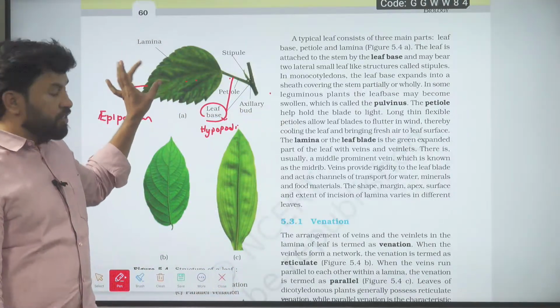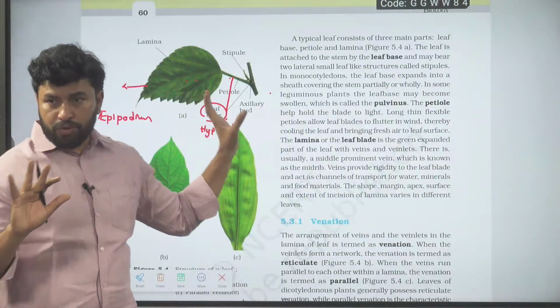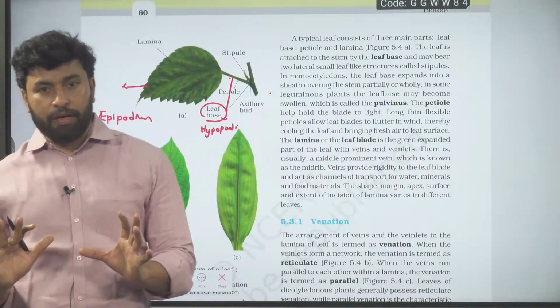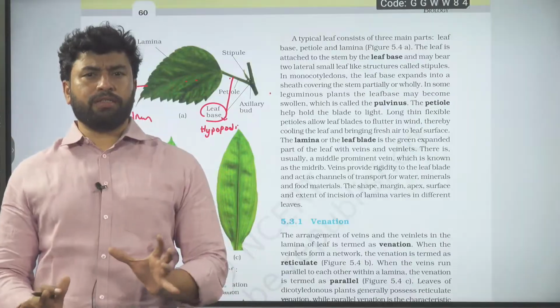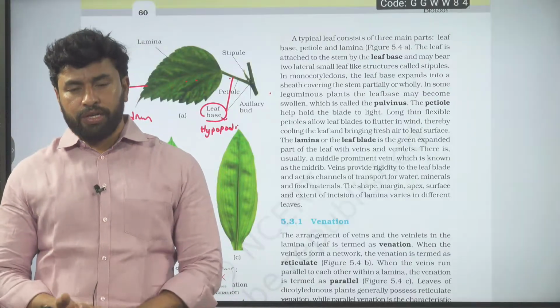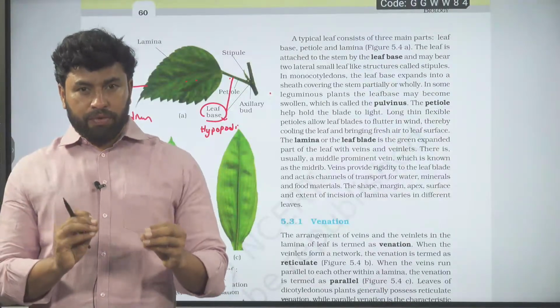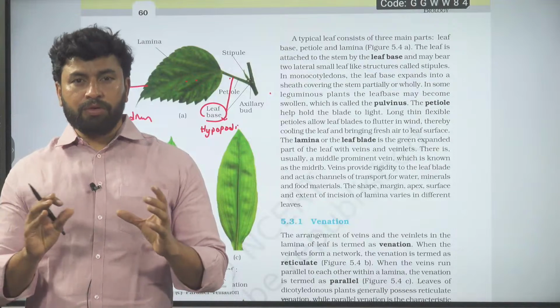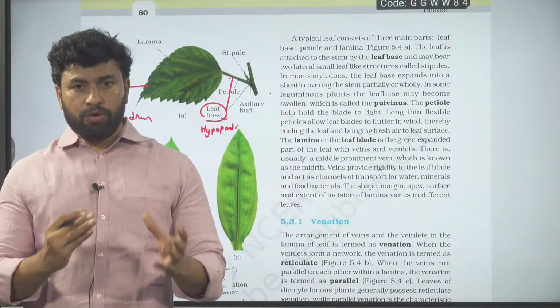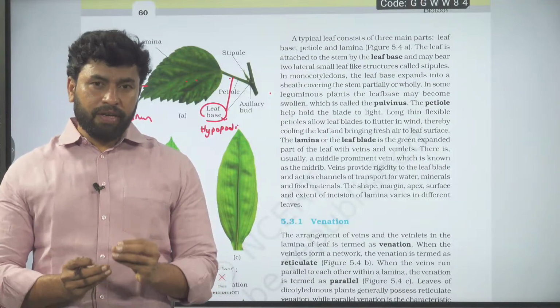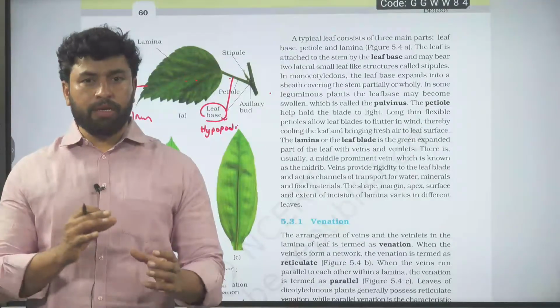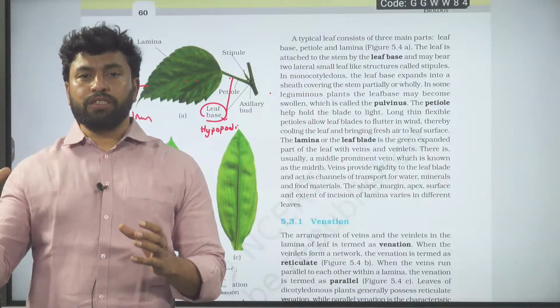Careful, generally food is not stored inside the leaf lamina. In most cases, food is not stored in the leaf lamina. Of course, some amount of food is stored temporarily in the chloroplast, but later it has to be transported away from the leaf for storage in other organs.